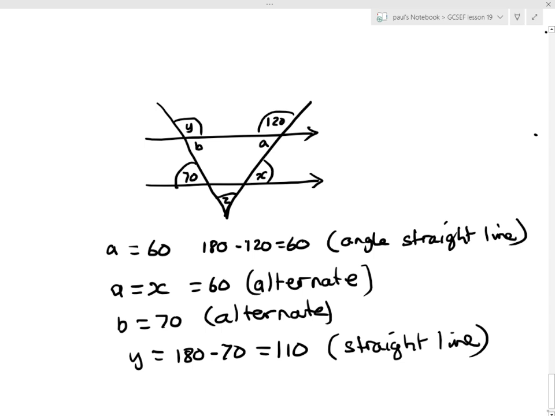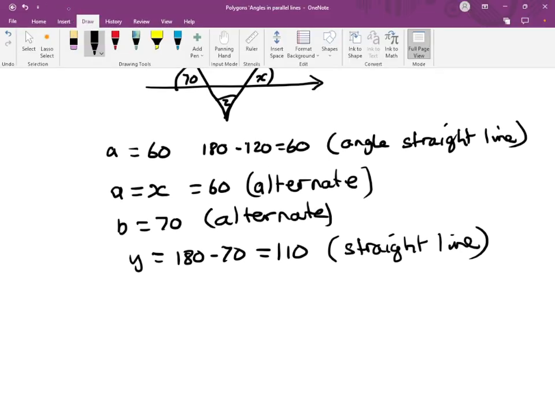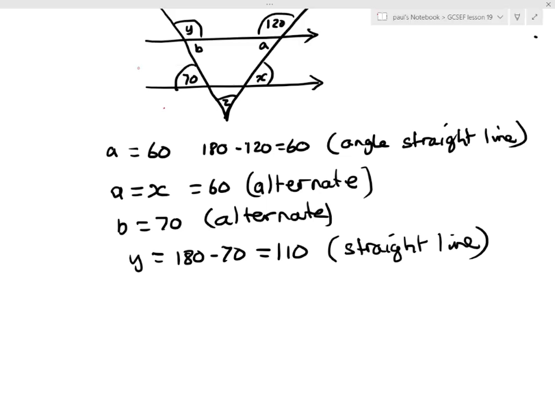Okay, now let's see if we can find Z. Do this in a different colour so we can see it's the second part of the same question. So Z. We know that all the angles in a triangle add to 180. So we haven't got AB, so we have C in there.